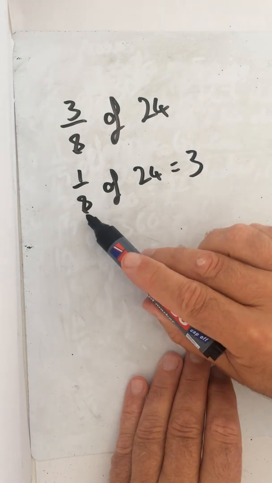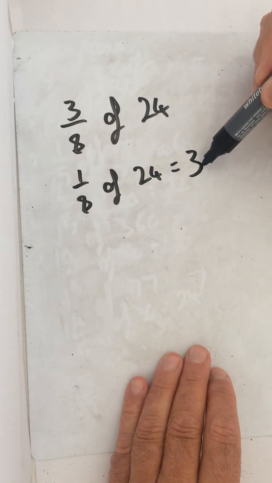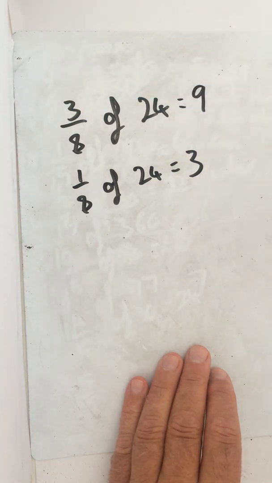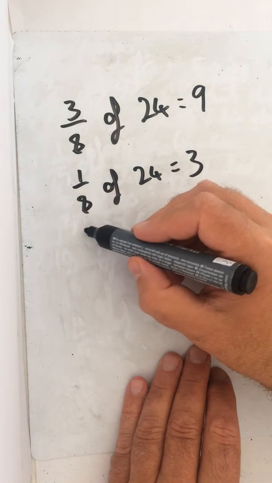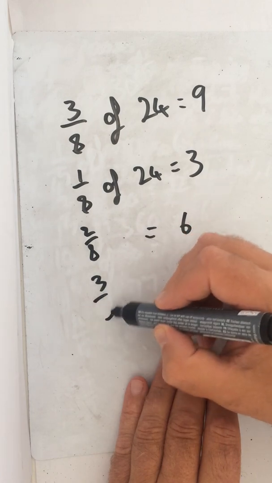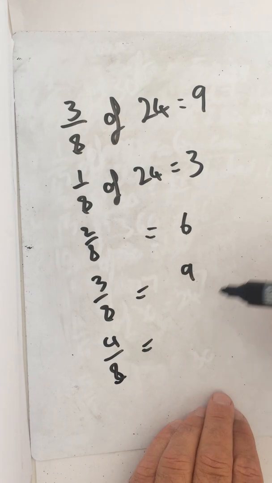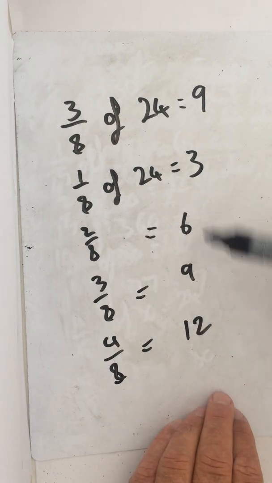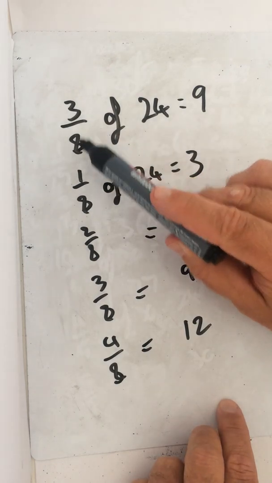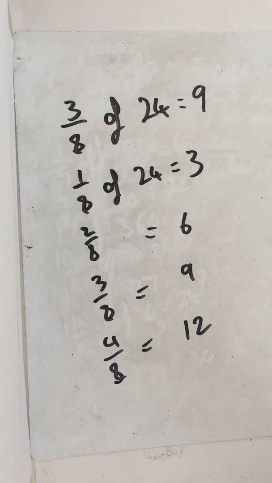So if 1/8 is 3, I'm going to just times my number there by my numerator. 3 times 3 is 9. 1/8 is 3. 2/8 would equal 6. 3/8 would equal 9. 4/8, which is the same as half, would equal 12. And so on. But 1/8 is 3, times that by the 3 is 9.